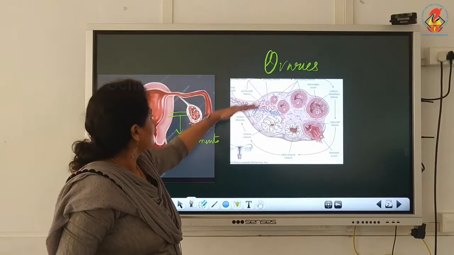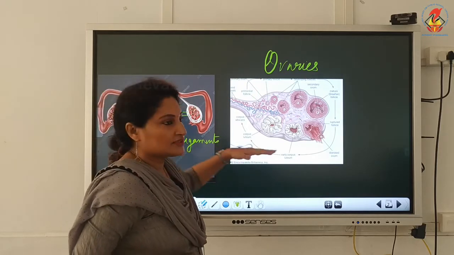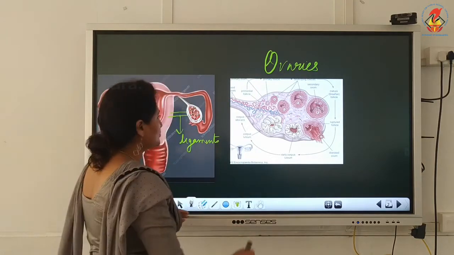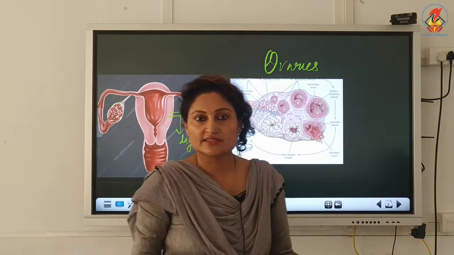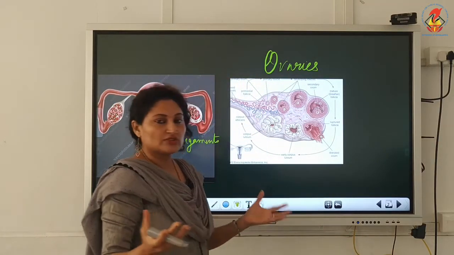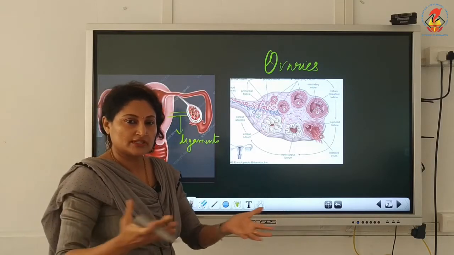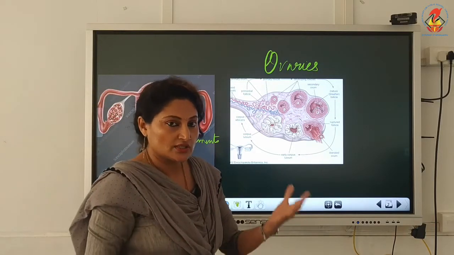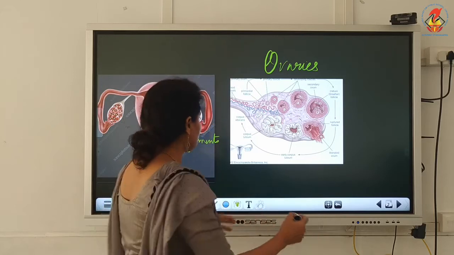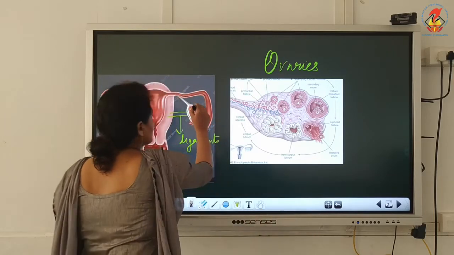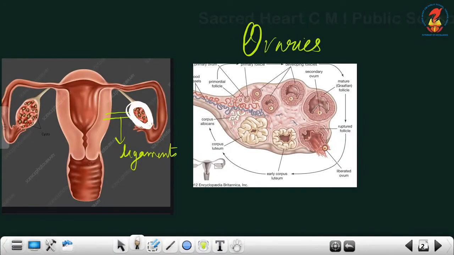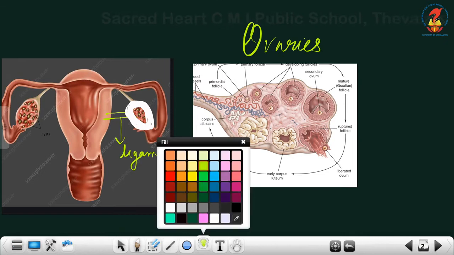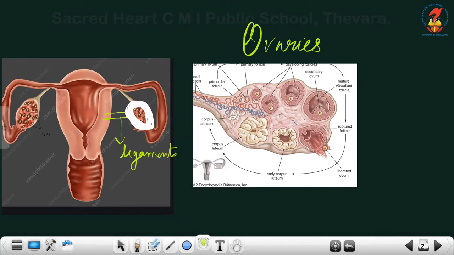Now this ovary is divided into two zones. Like most of our internal organs, say adrenal glands or pituitary, most of our glands or organs are divided into two zones: outer cortex and inner medulla. In the same way it is divided into outer cortex, if I am highlighting this as cortex, and inner medulla.